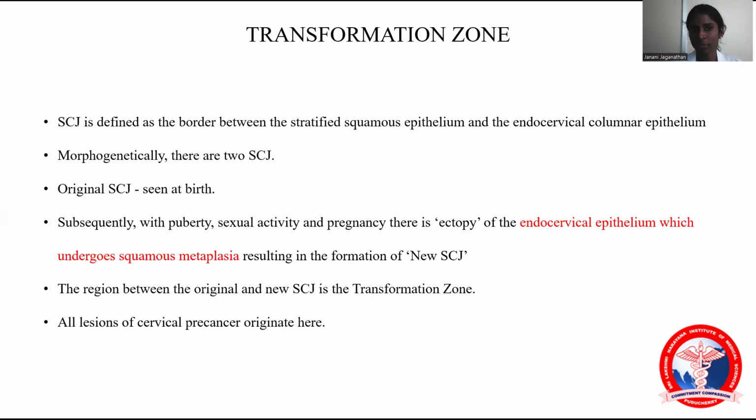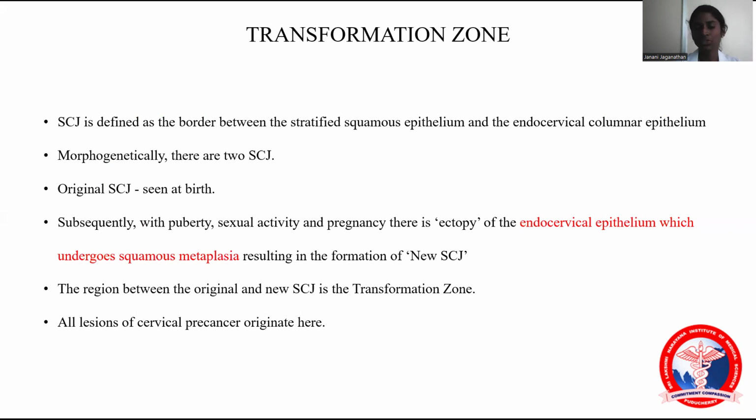So moving on to the transformation zone, the squamocolumnar junction is defined as the border between stratified squamous epithelium and the endocervical columnar epithelium. Morphogenetically, there are two squamocolumnar junctions. The original squamocolumnar junction is the one seen at birth.